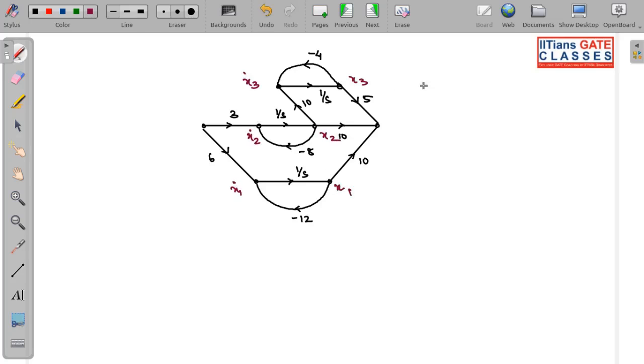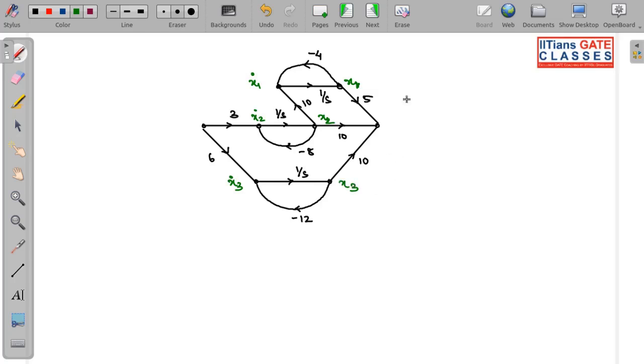You will get a different state model, so it depends. Here I am going to take this as x1, this as x2 dot and x2, and this as x3 dot and x3.